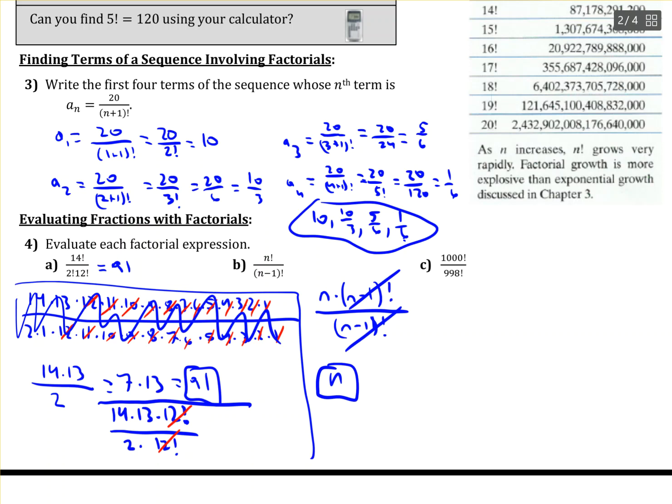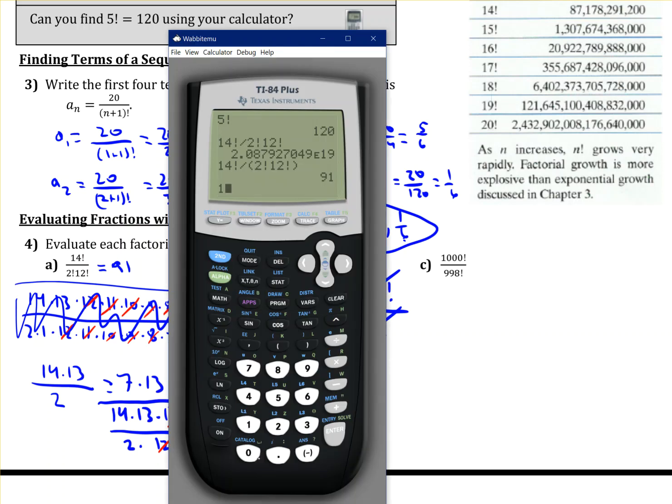Finally, C. Let's just do that one on our calculator. Oops, not times. Divided by 998 factorial. And, uh-oh, error overflow. That's too big of a number.